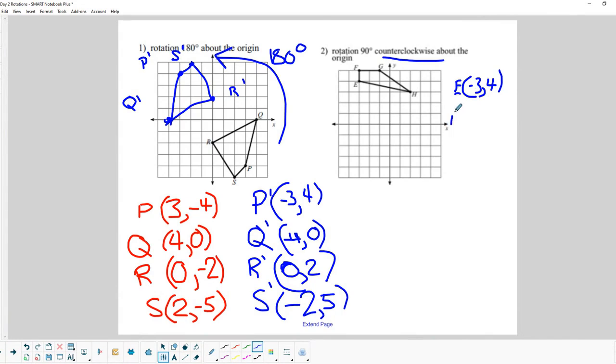F, negative 3 and 5. G, negative 1 and 5. And H happens to be 2, 3.